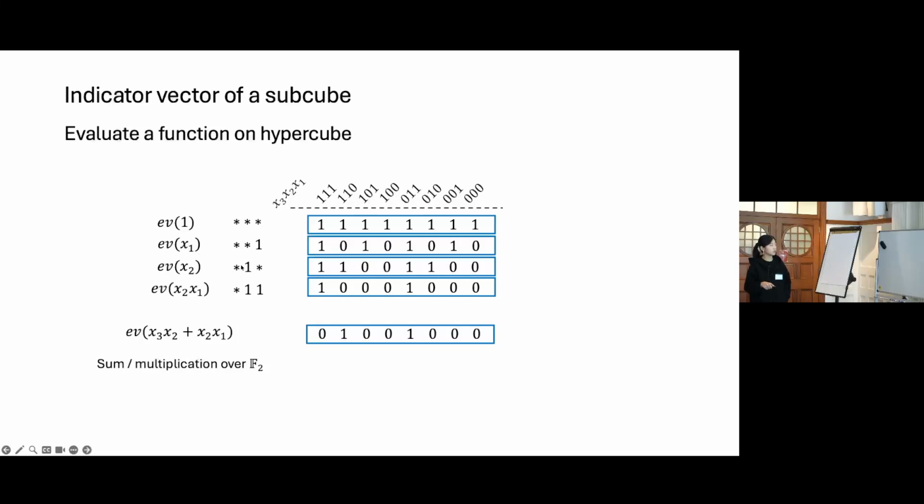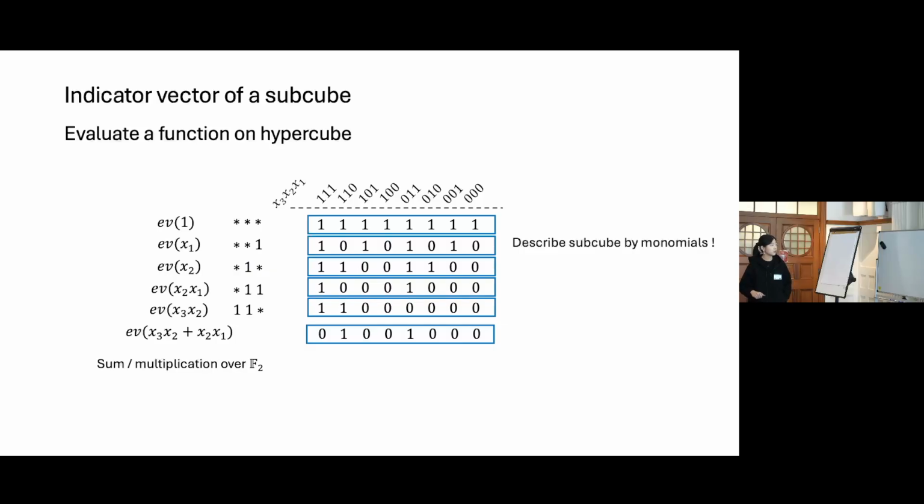And here, both x2 and x1 are present, so you put x2 and x1 here. And so we can describe a subcube by monomials. On the previous slide, I also allowed 0 in the subcube string, and you can handle that by using a negated variable.